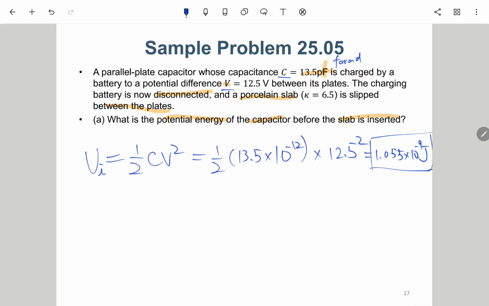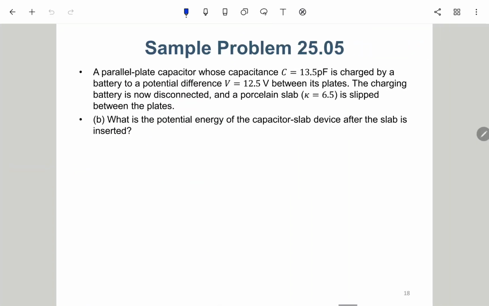So this is pretty easy; we just make use of U equals half of CV squared.